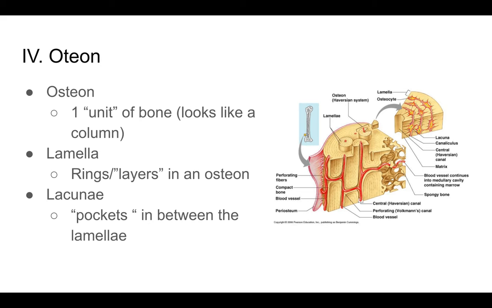So a lacuna is a pocket that exists in between layers, or lamella, that cells are going to sit in. The matured bone cells, the osteocytes, will sit in these lacunae.